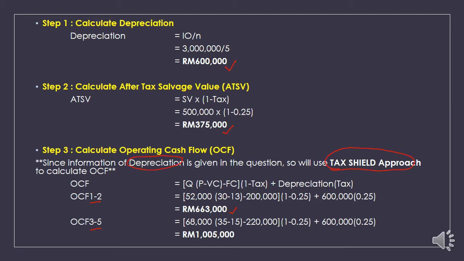And for OCF year 3 until year 5, based on the information, Q is 68,000 times P 35 minus VC 15, and then minus FC 220,000, times 1 minus 0.25, plus depreciation 600,000 times tax 0.25. So you will get the answer for OCF year 3 until year 5 equivalent to RM 1.5 million.